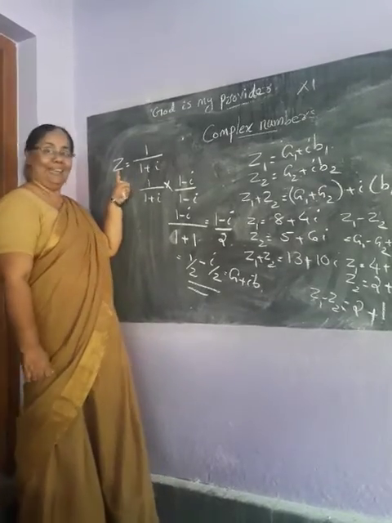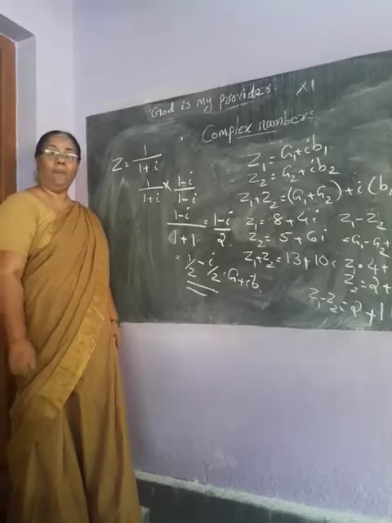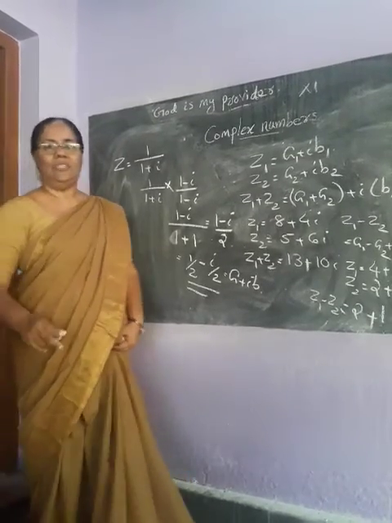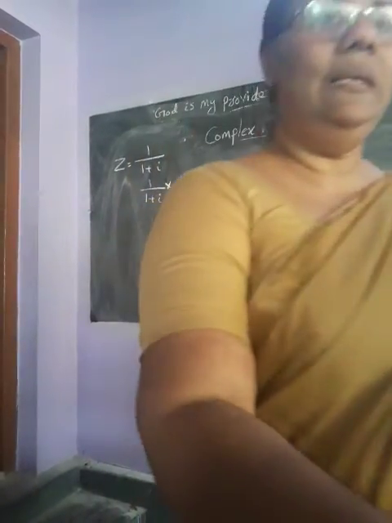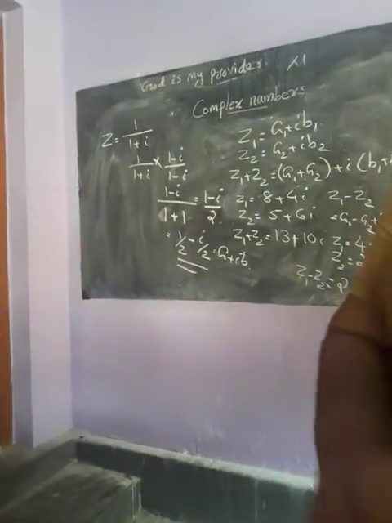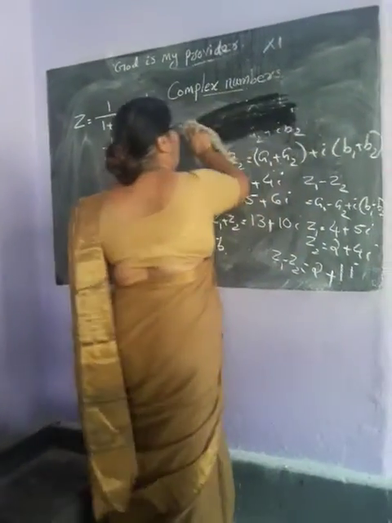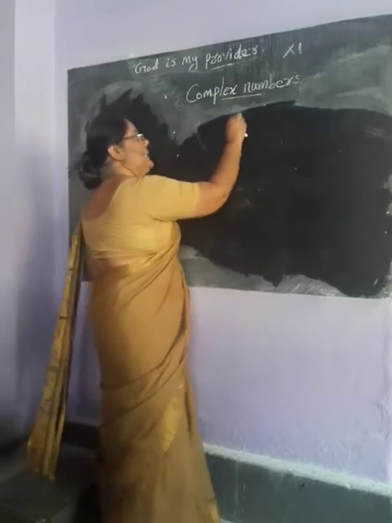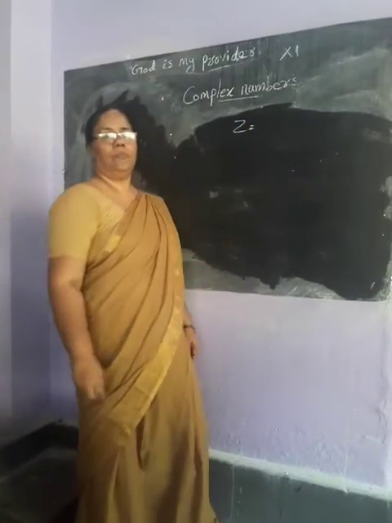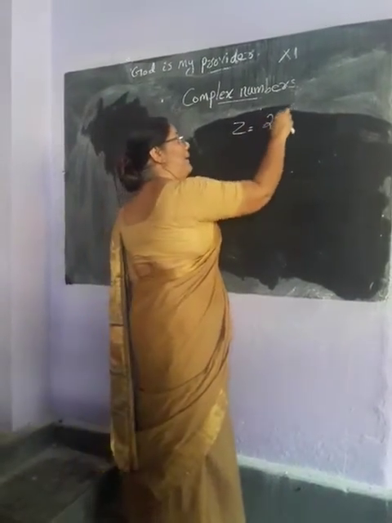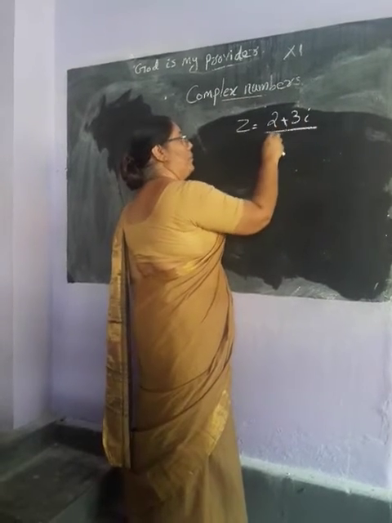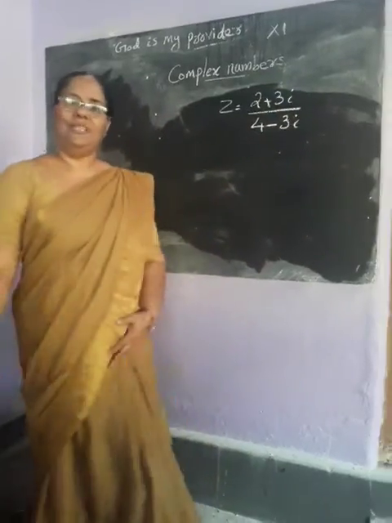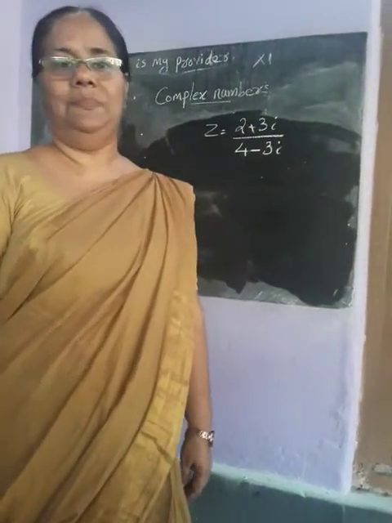What is our question? Write this question in the form a plus ib. Then write another question. Z is equal to 2 plus 3i by 4 minus 3i. This is also a complex number.